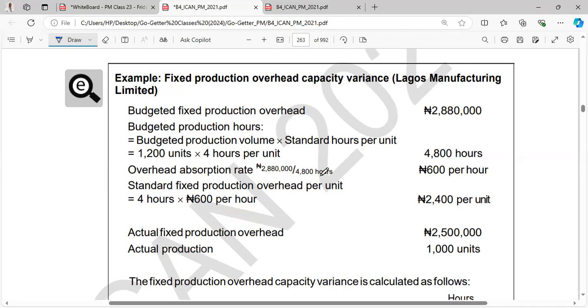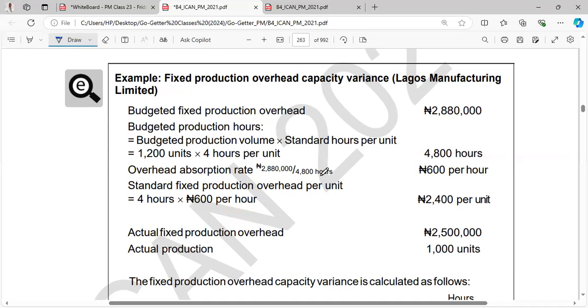So that's why a person may ask, is there any difference? Normally there should be no material difference. If you have budgeted to make 4,000 units, okay, let's say I budgeted to spend 15,000 naira for Zoom, and I budgeted that I'm going to get 100 people.